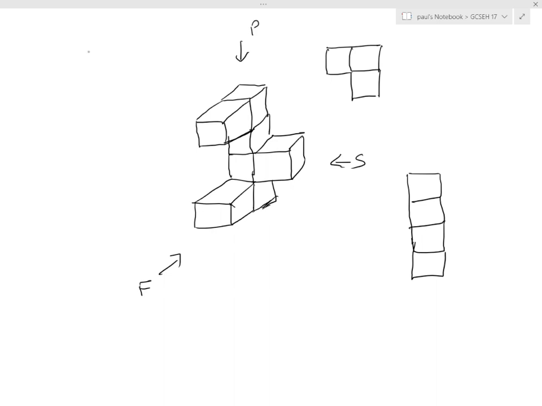And at the bottom we've got one sticking out to the left, and at the top we've got one sticking out to the left. And the front, from here we're going to see all those 4, and then the second one up there's one sticking out over on the right. There you go. So plan, side elevation, front elevation.